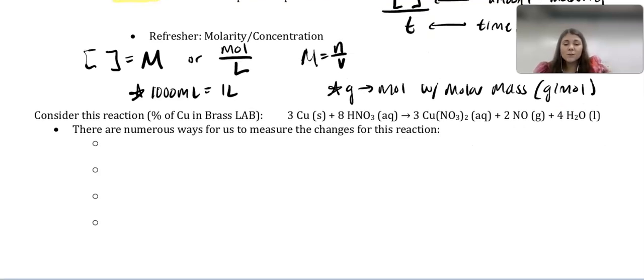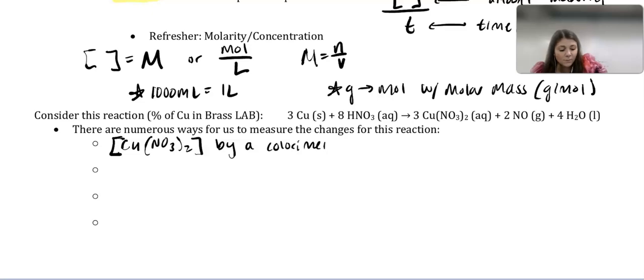Now, when it comes to that reaction, there's actually numerous ways for us to measure the changes for that reaction. Obviously, the only way that we actually utilized measurements in that lab was looking at the concentration of the copper(II) nitrate produced. So I'm going to put that as the first one. Here, data we can collect is figuring out the concentration of copper(II) nitrate by a colorimeter.